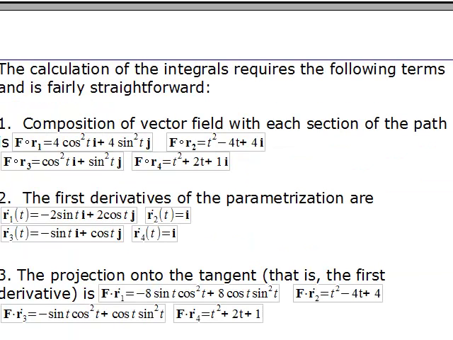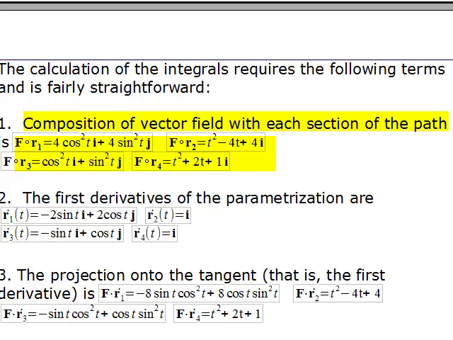So these steps are pretty straightforward, and it's just another example of how to do these line integrals. First thing you have to do is compose the vector field with each section of the path, with the parameterization of each section of the path. So f composed with R1, f composed with R2, f composed with R3, and f composed with R4. You need those 4.